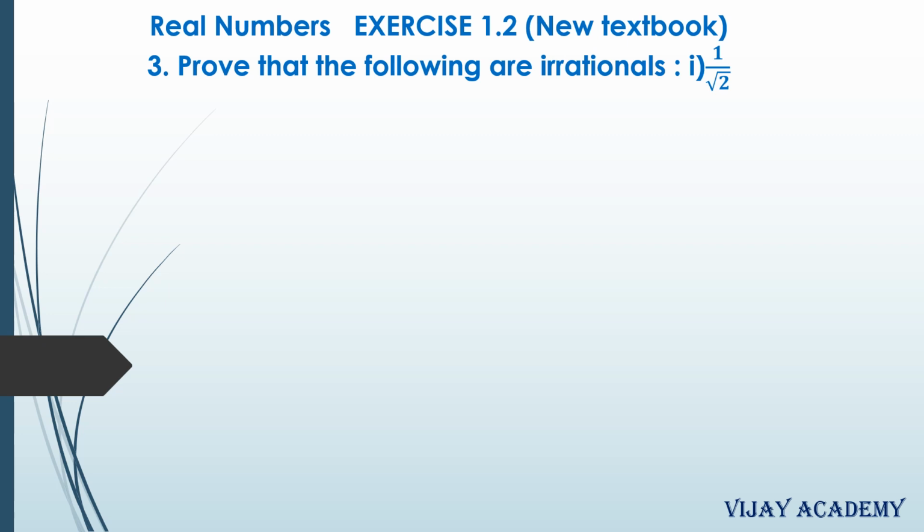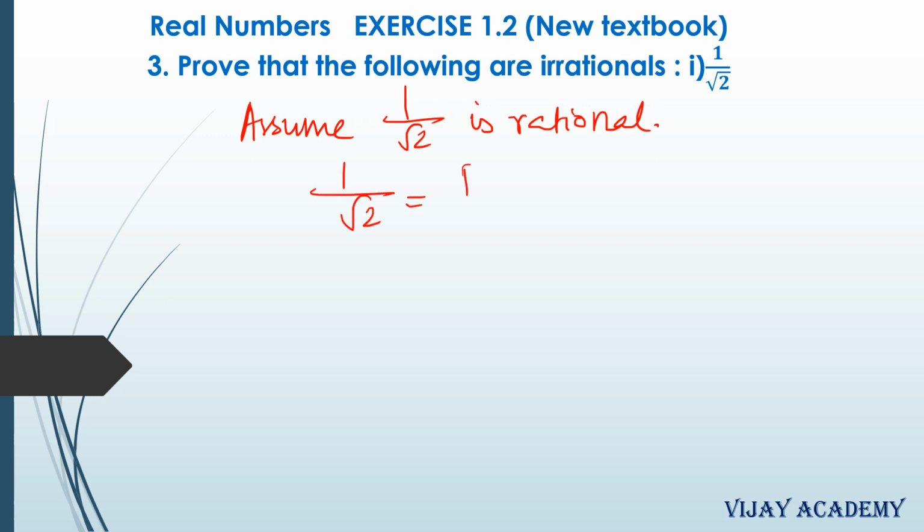So next question, prove that the following are irrationals. The first one is 1 by root 2. So again we can assume 1 by root 2 is rational. So we can write 1 by root 2 equals p by q, and then we take the reciprocal on both sides.